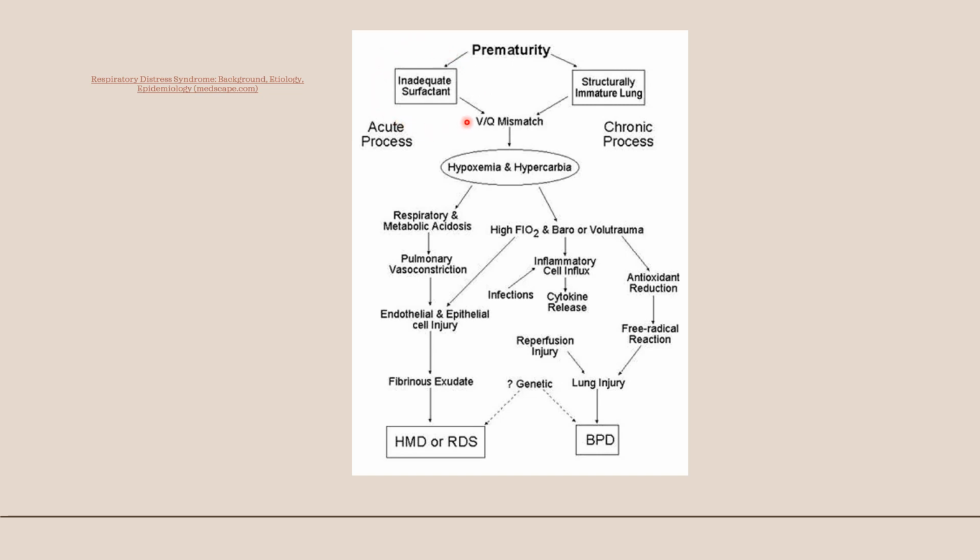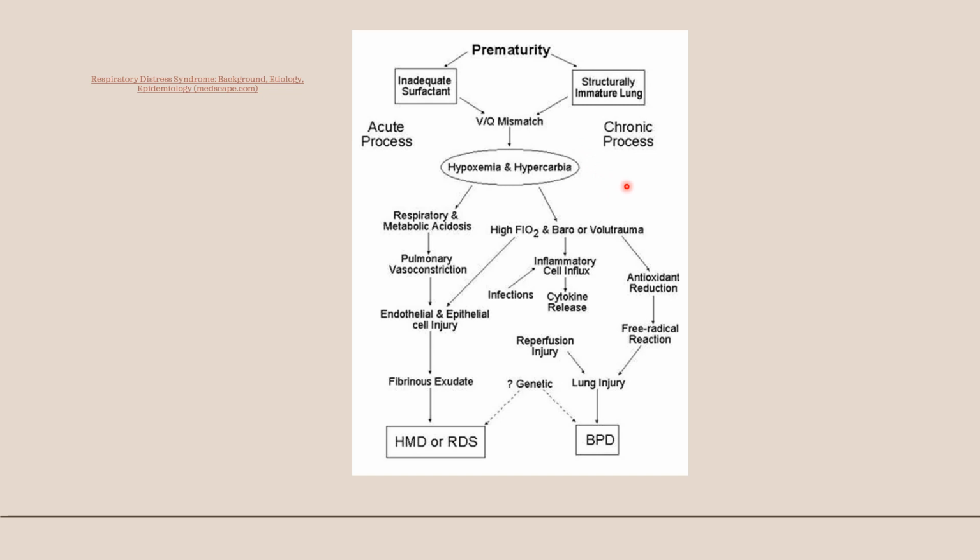We have a ventilation problem. And depending on how immature our baby is and how well formed their lungs are, what kind of capillary network do we have surrounding the alveoli? So there can be an issue with that as well.